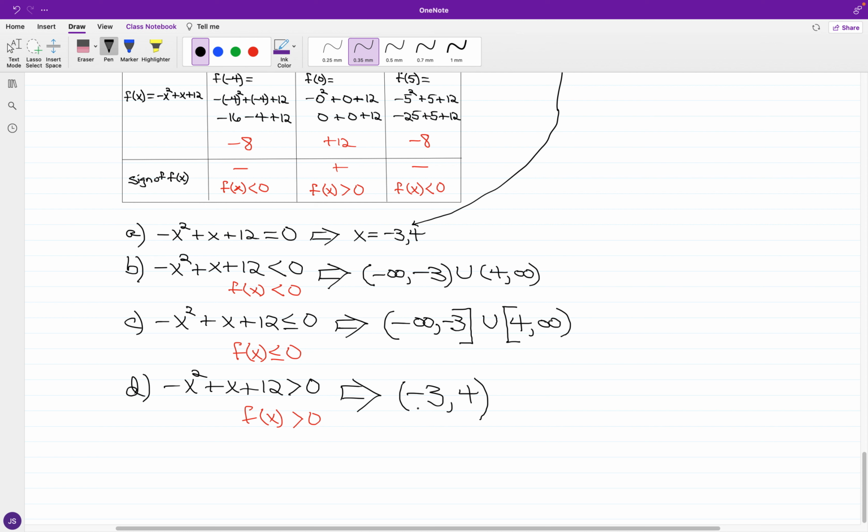And guess what? Where -3 and 4 are excluded due to the lack of the equal sign. We will have with part E, with the inclusion of the equal sign, where we have -x squared plus x plus 12 is greater than or equal to 0, -3 and 4 to be bracketed.